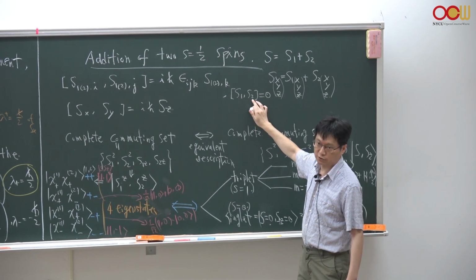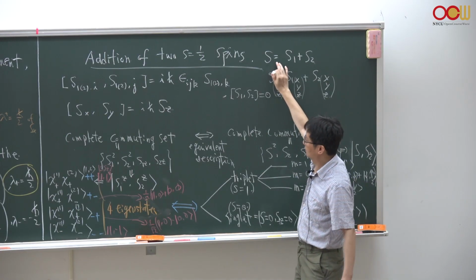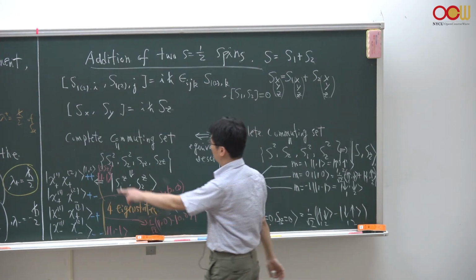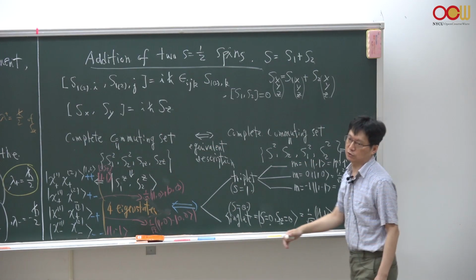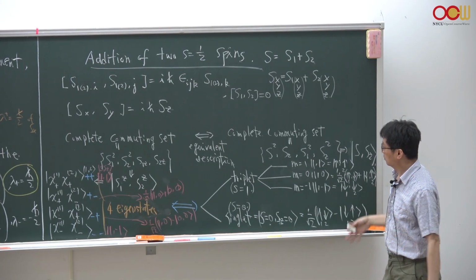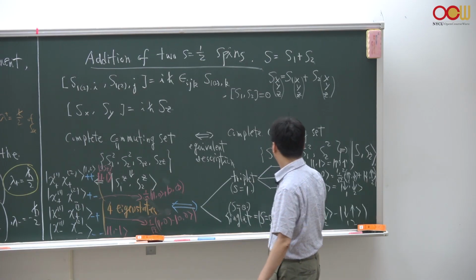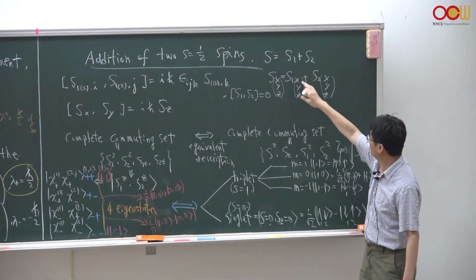S1 commutes with S2. But we could define the total spin operator S, with Sx and Sy, and they also satisfy these commutation relations for the total spin. But more conveniently, we would define this eigenbasis for the total spin variables.